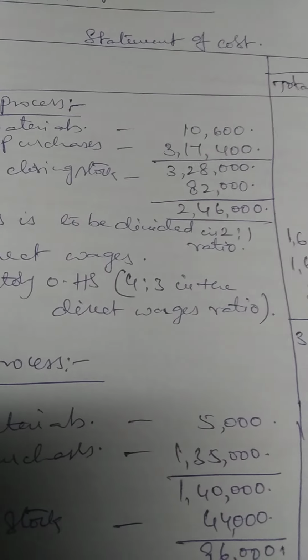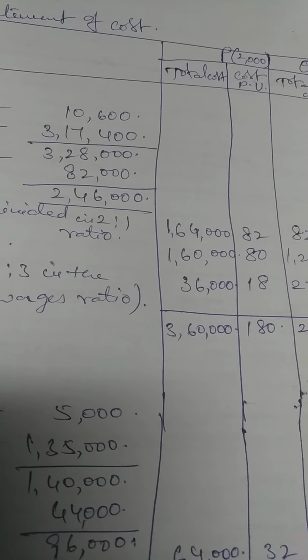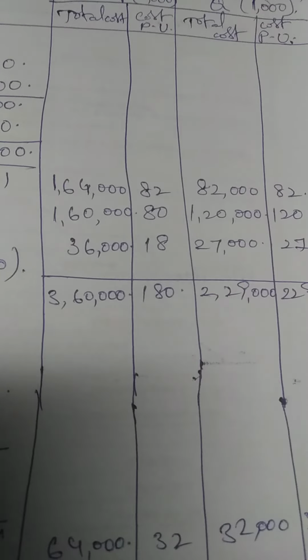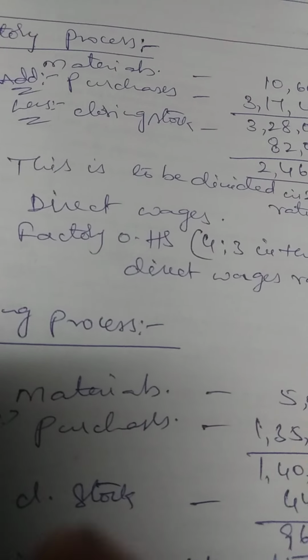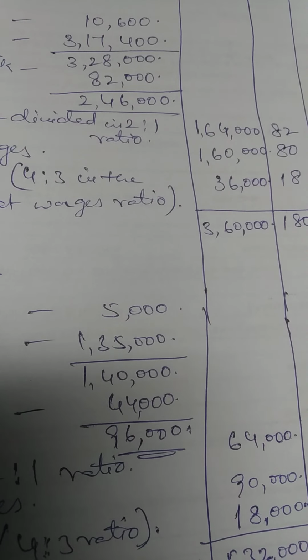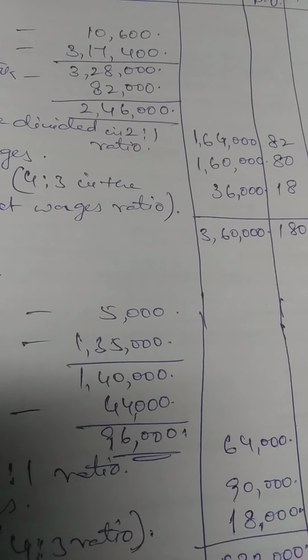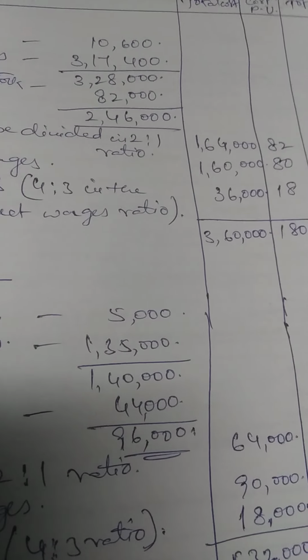Next comes, which is given in the problem, direct wages 1,60,000. So per unit is 80. For Q, 1,20,000 divided by 1000, that's the reason it is 120. Now coming to factory overheads. In the problem it was given that factory and finishing overheads charges are apportioned on the basis of direct labor.